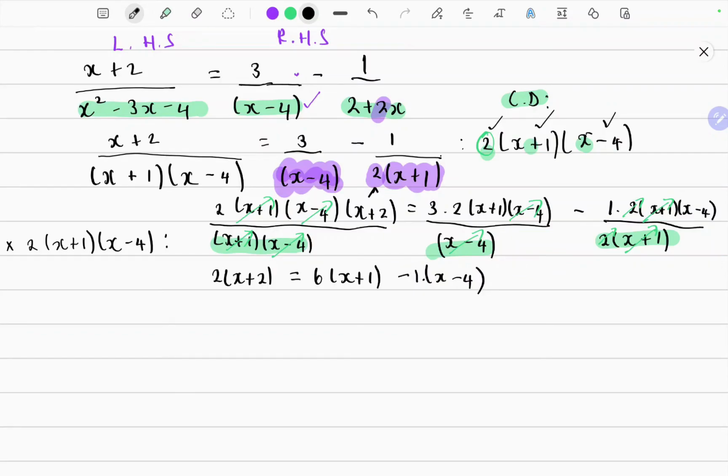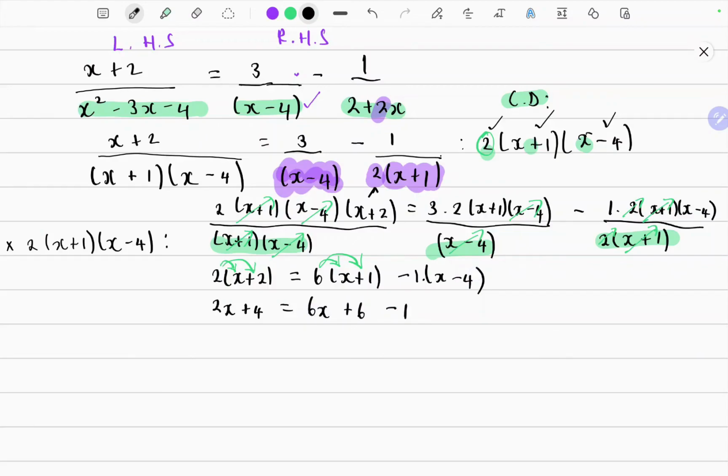So now we can simplify expressions on the left-hand side and on the right-hand side. Use the distributive property here. That should give us 2x plus 2 times 2, 2x plus 4. And same applies to the first term on the right-hand side. Use the distributive property. That should give us 6x plus 6.